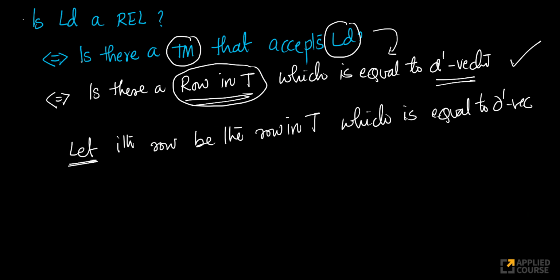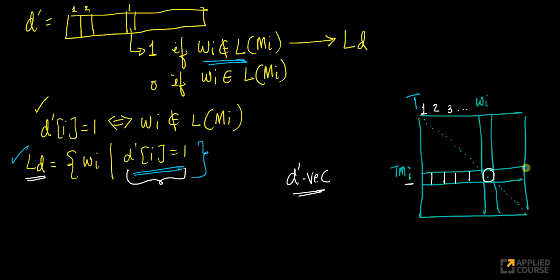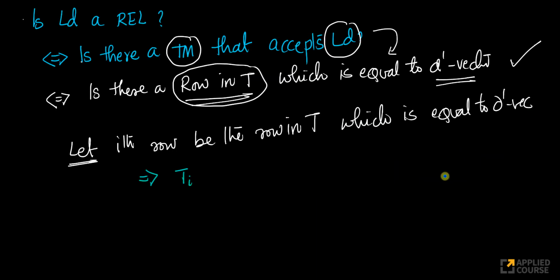What does this imply? If I think of this row as Ti, the ith row of table T, then Ti should be equal to the d dash vector. So the jth cell of Ti should be equal to the jth cell of my d dash vector, for all j equals 1, 2, 3, and so on.